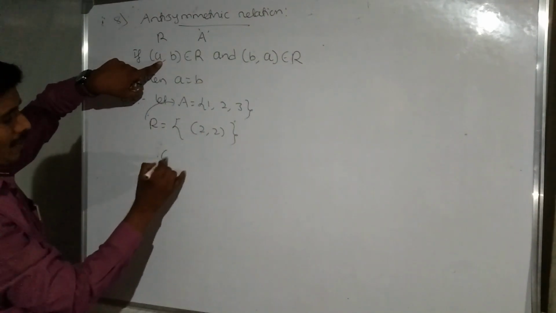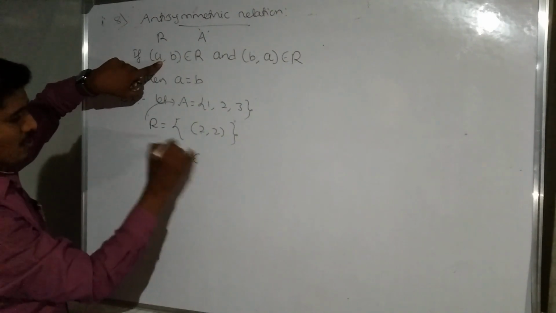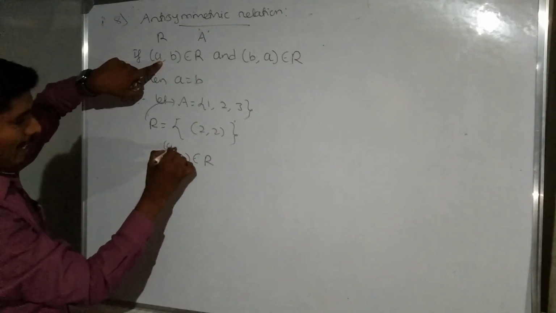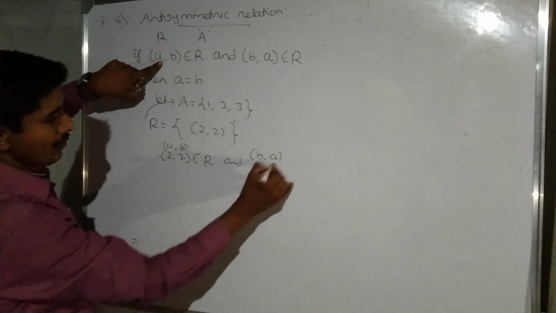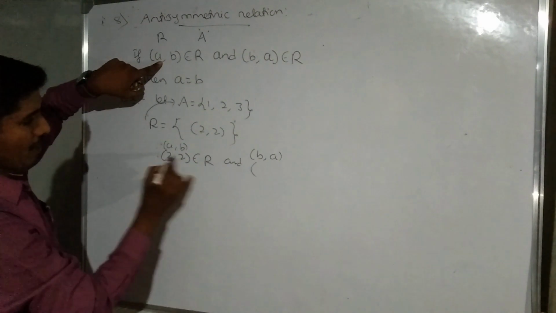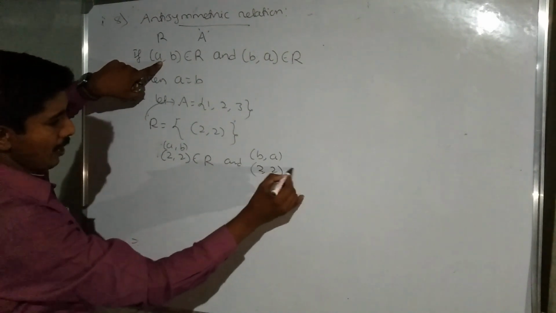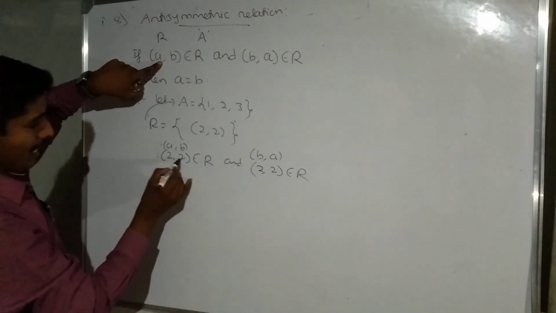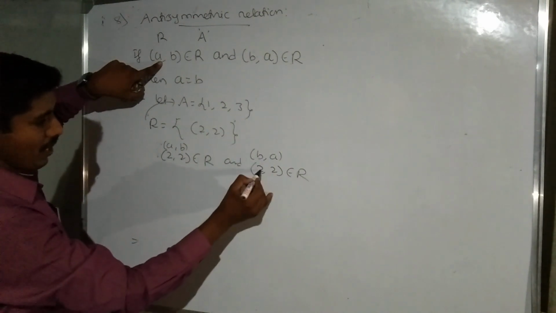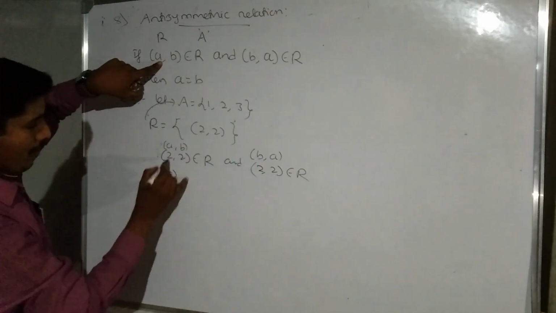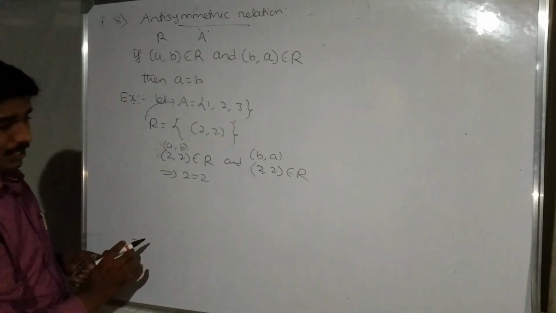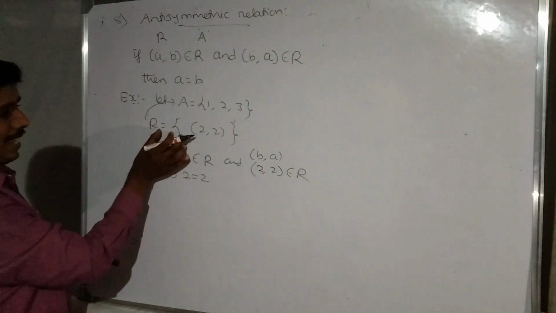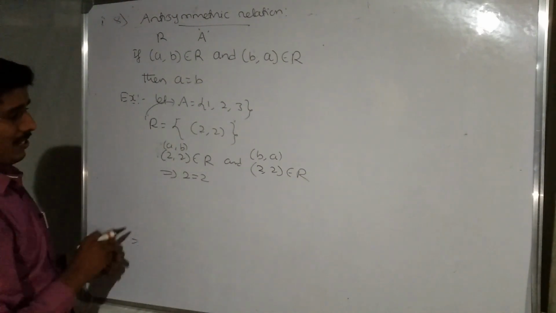Here (a, b) means (2, 2) belongs to the relation, and (b, a) is also (2, 2), since b equals a equals 2. Then 2 equals 2, the first element equals the second element. Therefore, it is an antisymmetric relation.